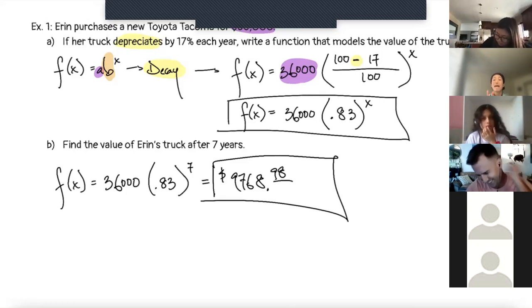All you did was have this car. Even if you just left it in your driveway for 7 years, your car would be worth less than $10,000. A lot of this value is lost in the first few years. Okay, a lot of this value is lost in the first few years.